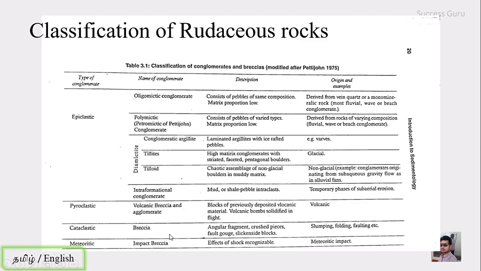Cataclastic forms the breccia, with angular fragments, crushed pieces of fault gouge, slump and slide blocks, etc. It is formed by crushing, folding, faulting, etc. And the last one is meteoric, formed by impact breccia, an effect of shock that is recognizable, and formed due to meteoric impact.